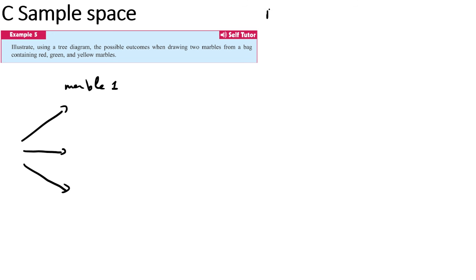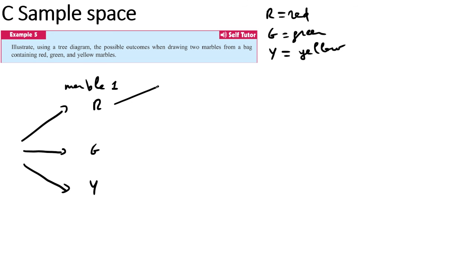I'm going to work with capital letter R for red, capital letter G for a green marble, and capital letter Y for a yellow marble. So we will have R, G, Y. And then for the second marble, let's say that the first one is a red marble, the second one can be still a red marble, or a green marble, or a yellow marble.